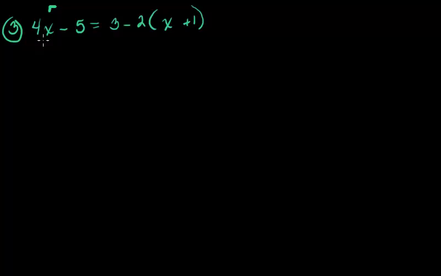In this example, we've got 4x minus 5 equals 3 minus 2 times the quantity of x plus 1. There's more room here for me to properly check the work.